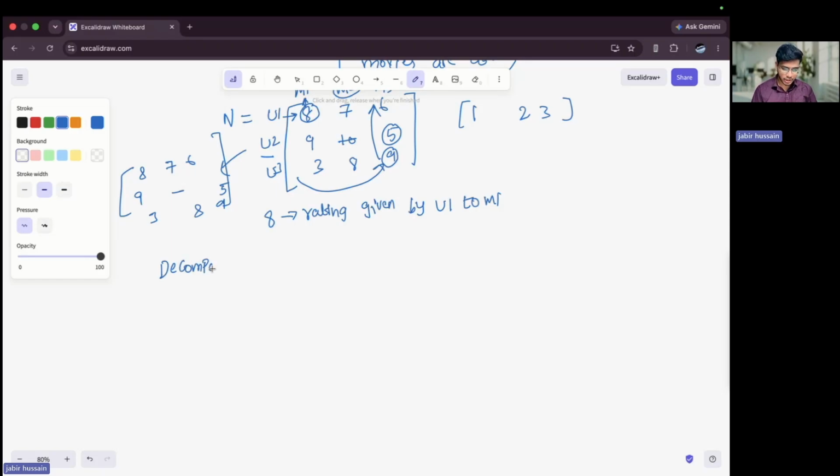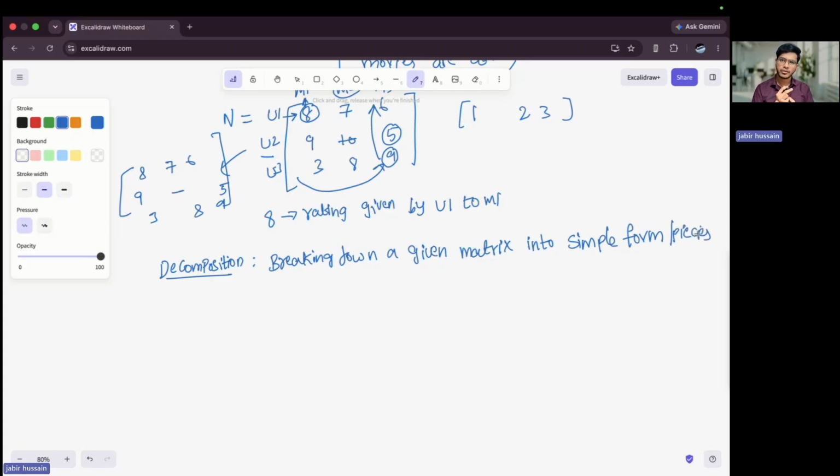Decomposition is nothing but breaking down a given matrix into simple forms or pieces, and this is known as decomposition. Breaking down a complex matrix into smaller pieces is known as decomposition.